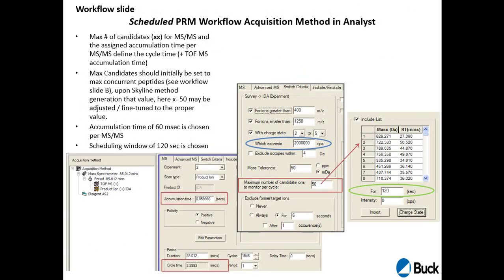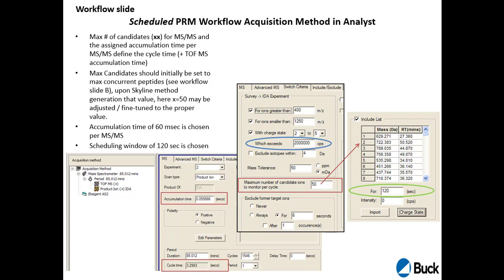Now the other thing, this is too much text. Let me just go over to the next thing. What you have to do then is define an accumulation time, because all these peptides in your list have to stay within one cycle, right? If you have too many things in your list, you have to make your accumulation time low, but then the quality may suffer.